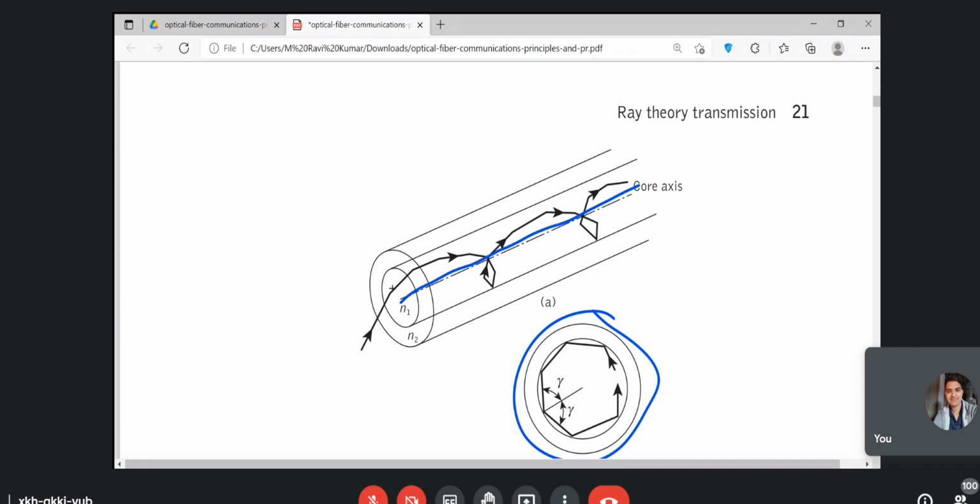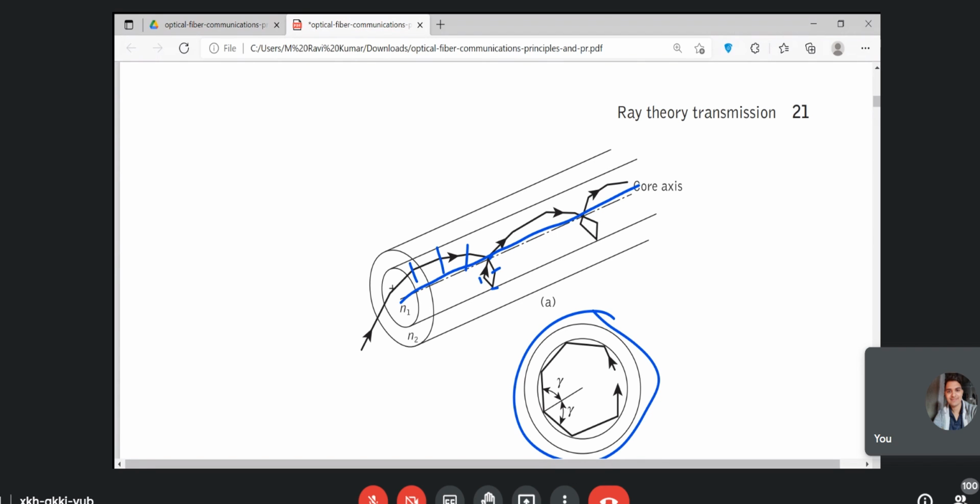There is total internal reflection at the core cladding interface, but it is not at the same length, meaning you have a total internal reflection happening here, and another here, and another here, and here, and here, and here.